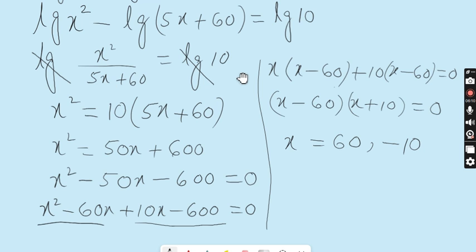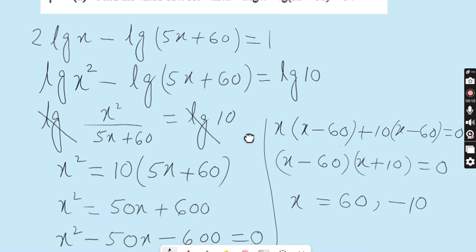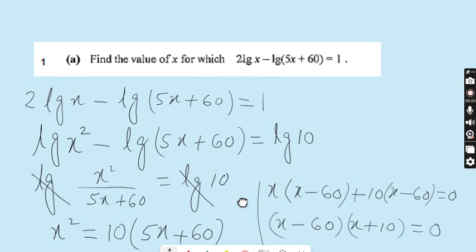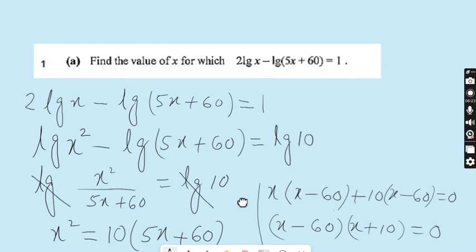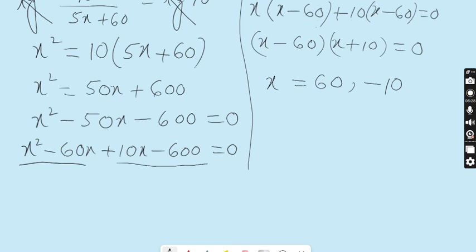But see the question carefully. The question has 2 log x. If you put the value of x as minus 10 in the given question, you know the logarithm of a negative value is undefined. So the only answer is x equal to 60. This is our final answer of part A. Hope you completely understand part A.